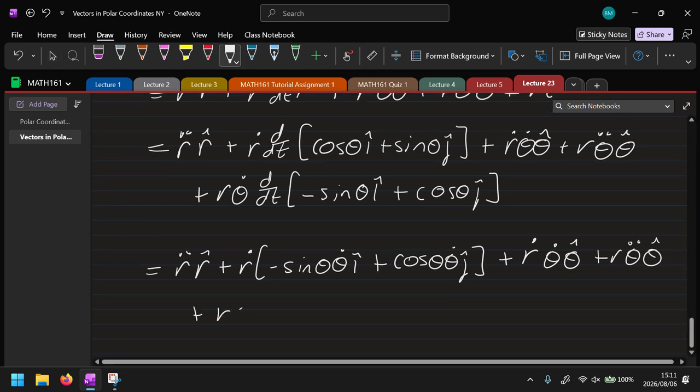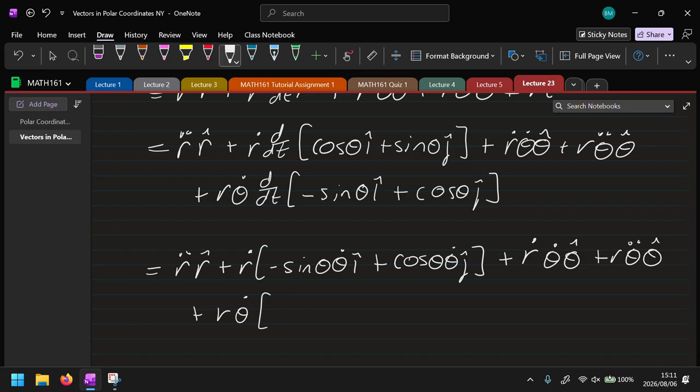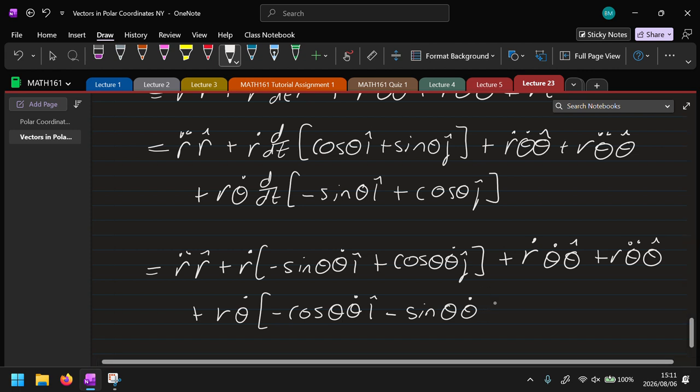Okay, plus r theta dot. Same thing. So it's sine of theta of t, so we need to do the chain rule. That will be minus cos theta, theta dot. Okay, and then the last one there, cos of theta of t, that will be minus sine theta, theta dot. Sorry, j hats.